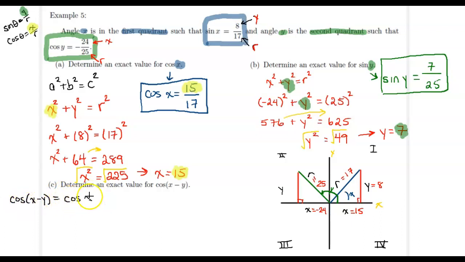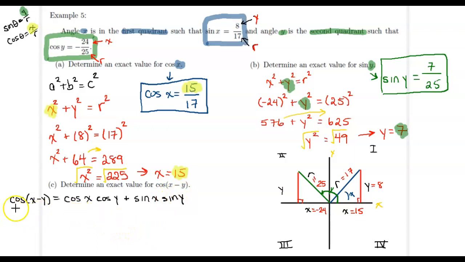So it's going to be cos x, cos y, and then the signs are actually opposite. So even though this is a subtraction in here, this will be an addition out here. So with coses, the operation is opposite. Or if you have one of your sine compound angle formulas, the operations are the same. So just a little way to help you remember what these are.